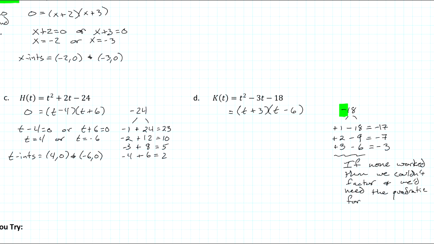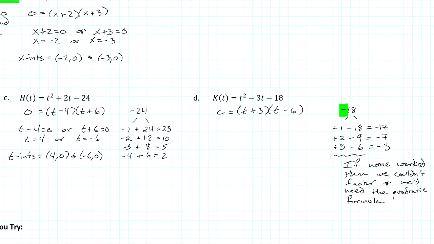Which I know at this point everyone's probably more familiar with the quadratic formula and feel more comfortable with it. But once you've learned this factorization process, when it does work, it is so much quicker and easier than the quadratic formula. So it really is worth the time and effort to get good at this.